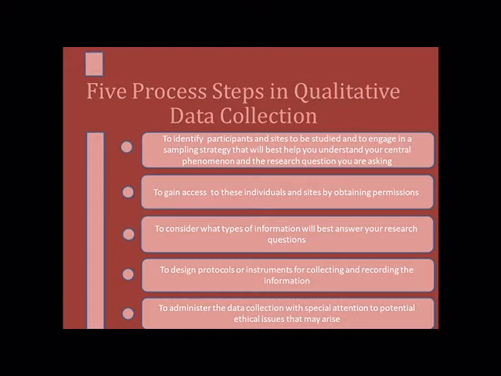Third, once permissions are in place, you need to consider what types of information will best answer your research question. Fourth, at the same time, you need to design protocols or instruments for collecting and recording the information. Finally, you need to administer the data collection with special attention to potential ethical issues that may arise.